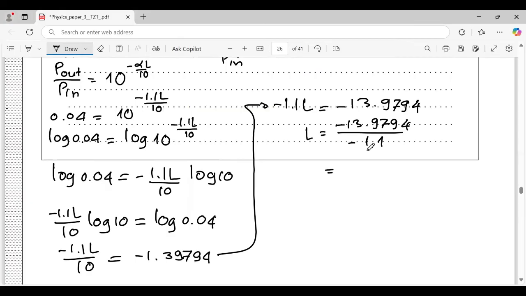If you calculate, the result is positive, because minus over minus, 12.7085, rounded to 13. And the unit is kilometers.